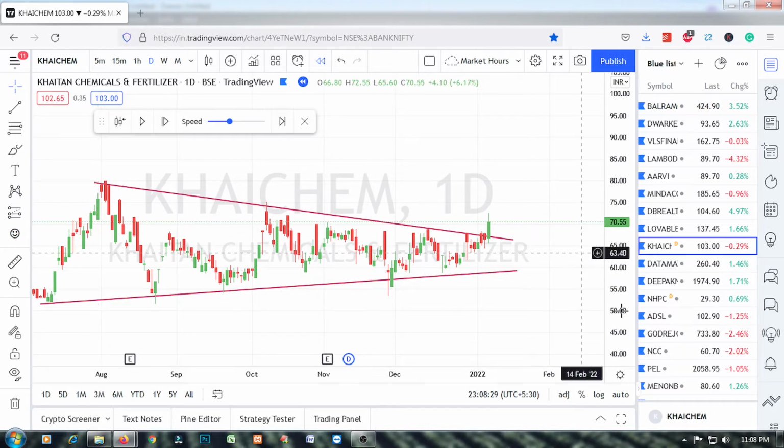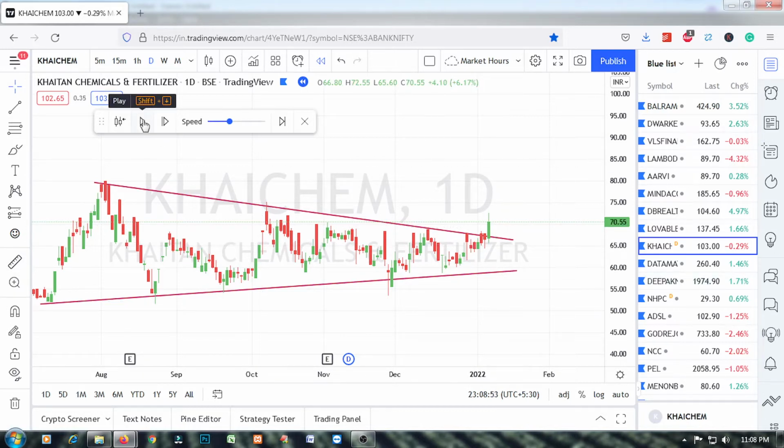So where should you enter? The next day is the entry point, so around 70 rupees, and your stop loss should be below this green candle or below this trend line. Anything is okay. Below this green candle is a good stop loss.